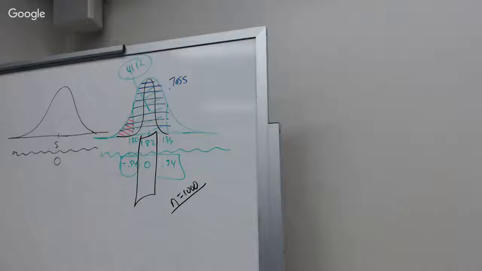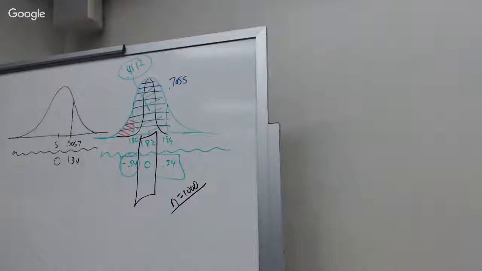I got 0.5067, right? I'm going to draw it here. What did I just convert that 0.5067 to? Z-score of 1.34.